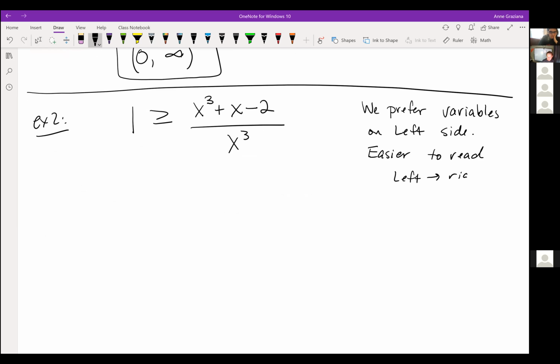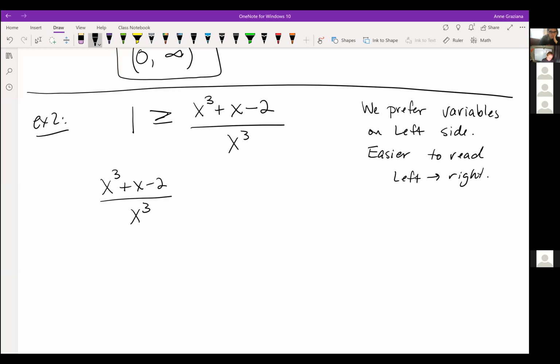So what I want to do is, if you get a problem like this, my advice, and you can do it without it, but you're going to have to think a little more. But I would just go ahead and let's reverse these, okay? So let's put the x cubed plus x minus 2 over x cubed over here.